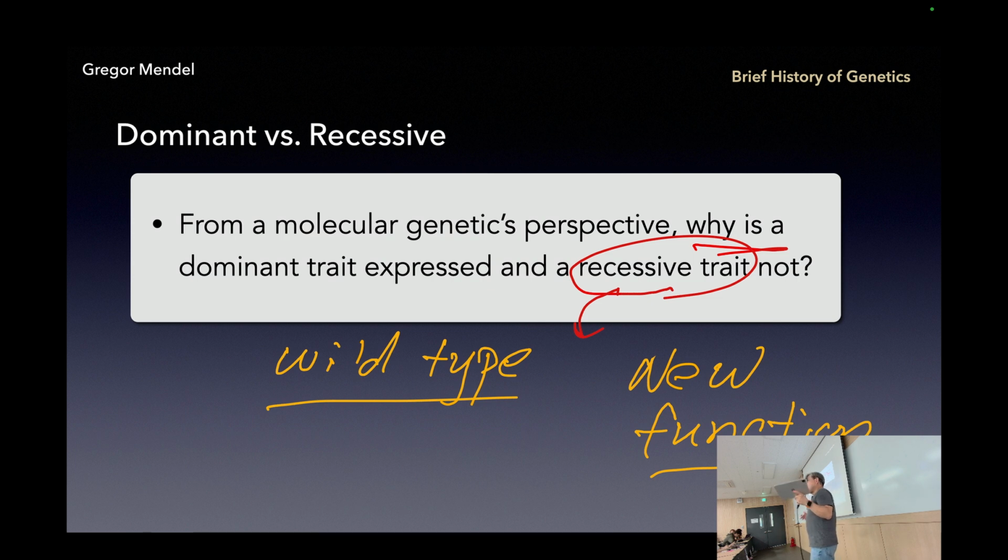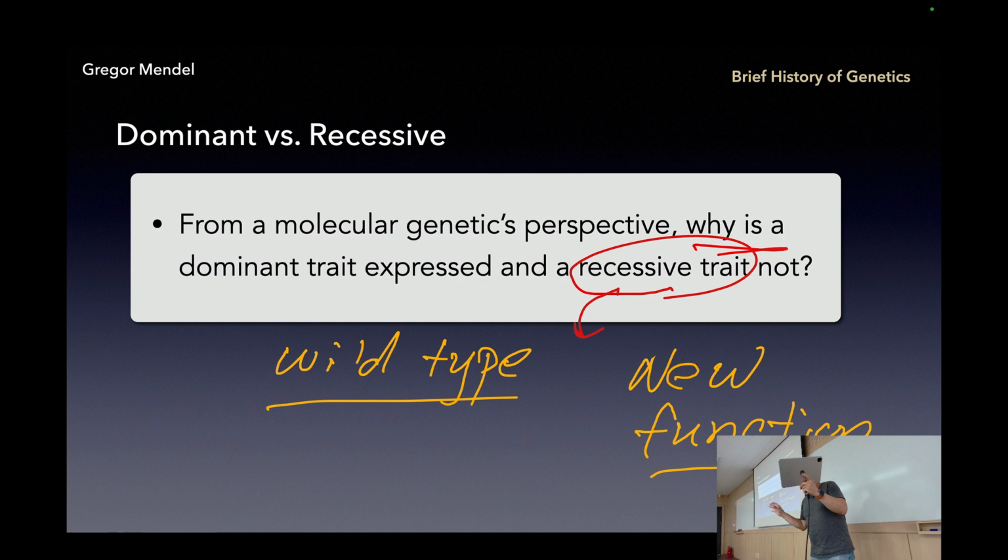It can be covered by the existing normal function in the heterozygous form, then it should simply be a recessive one. So that's the functionality-based distinction of dominant and recessiveness. Okay?